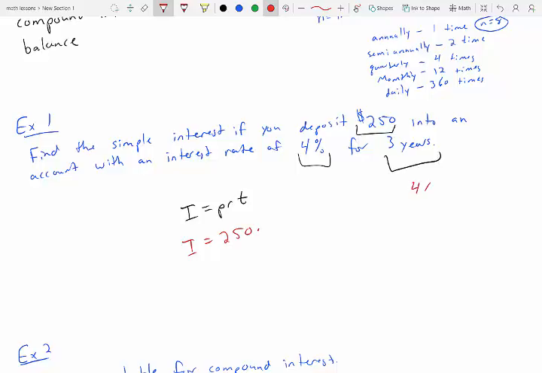But we remember, 4%, we always have to change it to a decimal before we use it in an equation. So times 0.04 is my R, and my T is 3 years. Now all I have to do is multiply those out. So my I equals $30. So my interest after 3 years is $30.